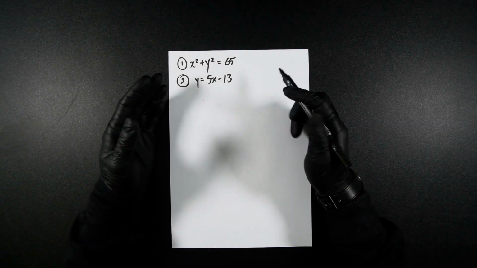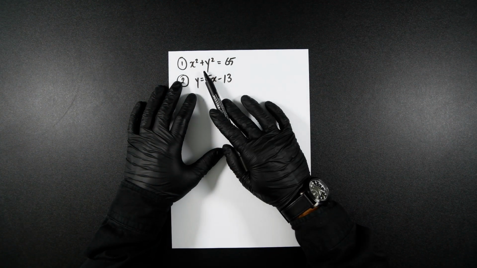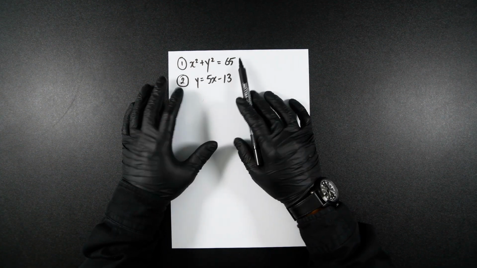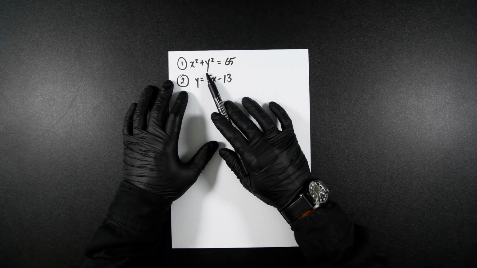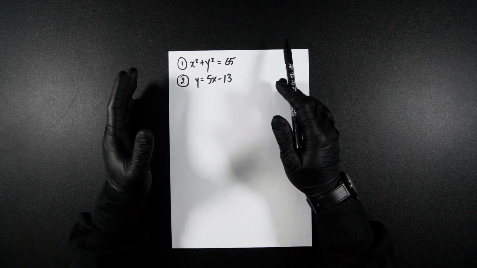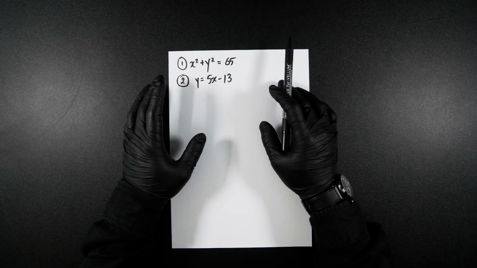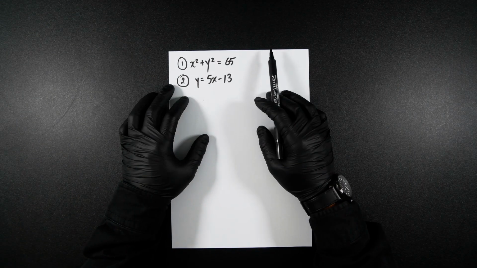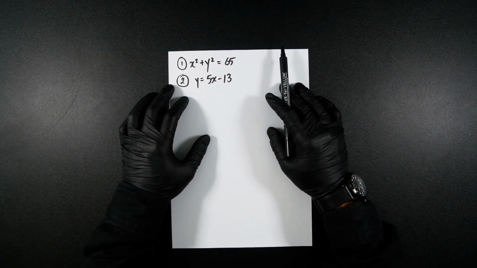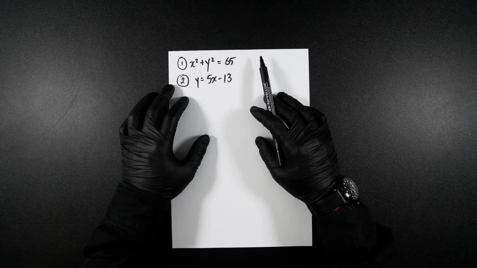Let's do another problem. Here we have something that looks a bit like a quadratic, however it's actually a representation of a circle. We're not going to go over that today because all we're really interested in is substituting it and finding the points at which they both intersect. But later on in your maths life, you may be able to figure out why that's a circle.